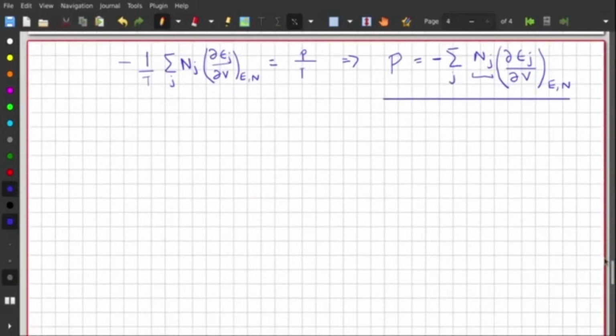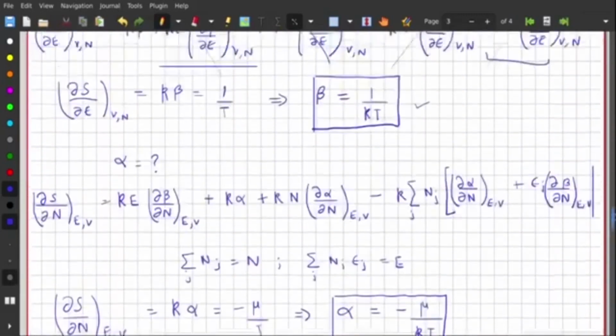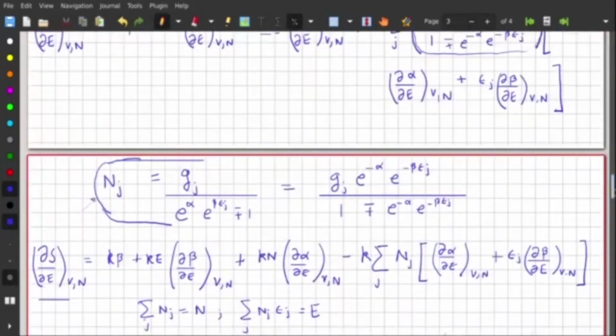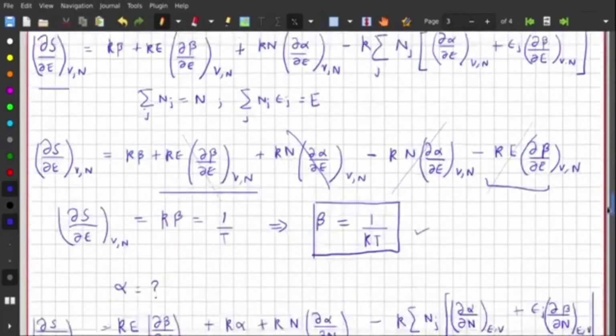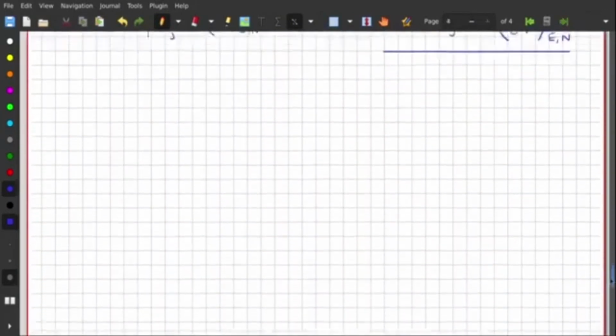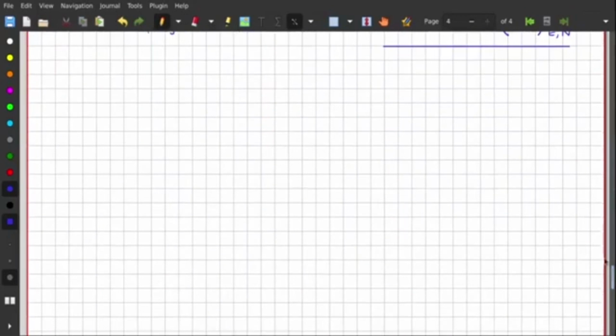Now we will try to do something similar, that is, we'll try to find the equilibrium particle density, but not for Bose-Einstein or Fermi-Dirac statistics.